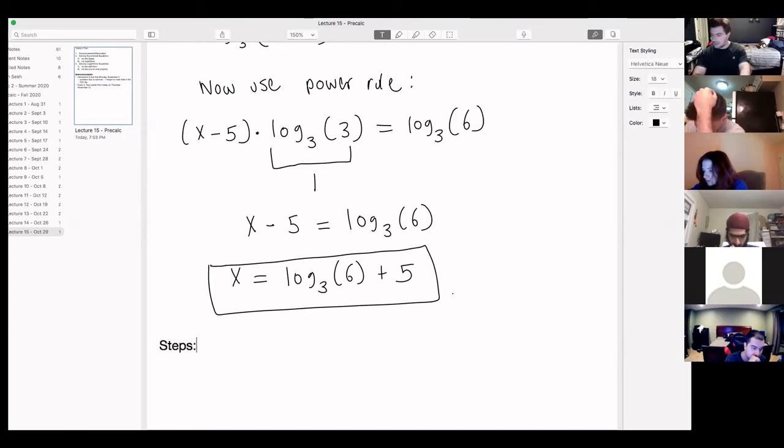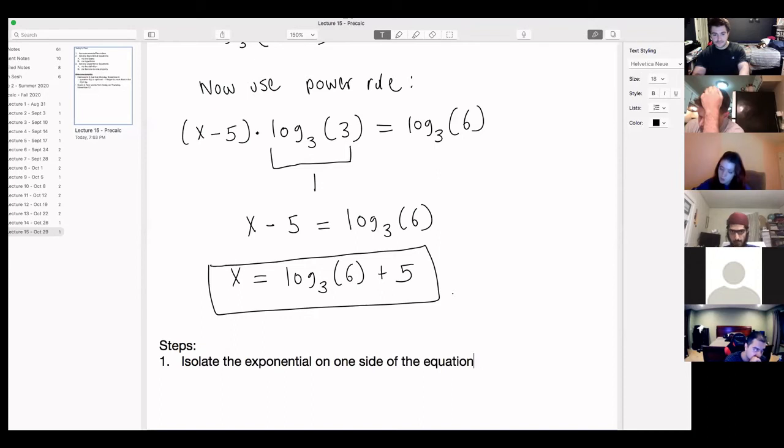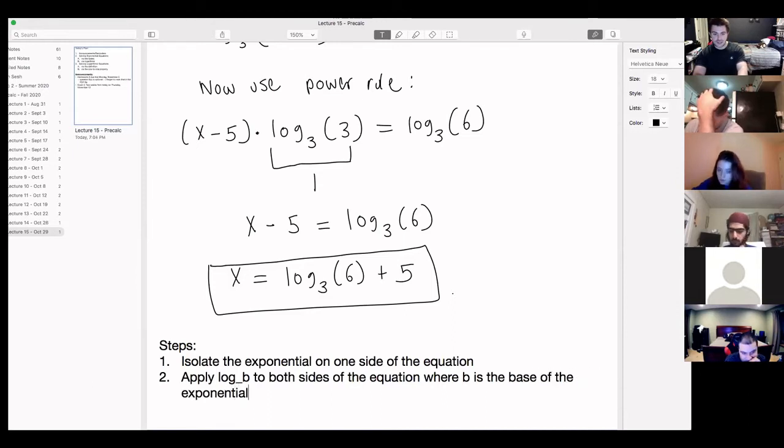Okay. Steps. Step 1, isolate the exponential on one side of the equation. That was when we divided both sides by 2. So you want to isolate the exponential. Step 2, apply log base b to both sides of the equation, where b is the base of the exponential from step 1.